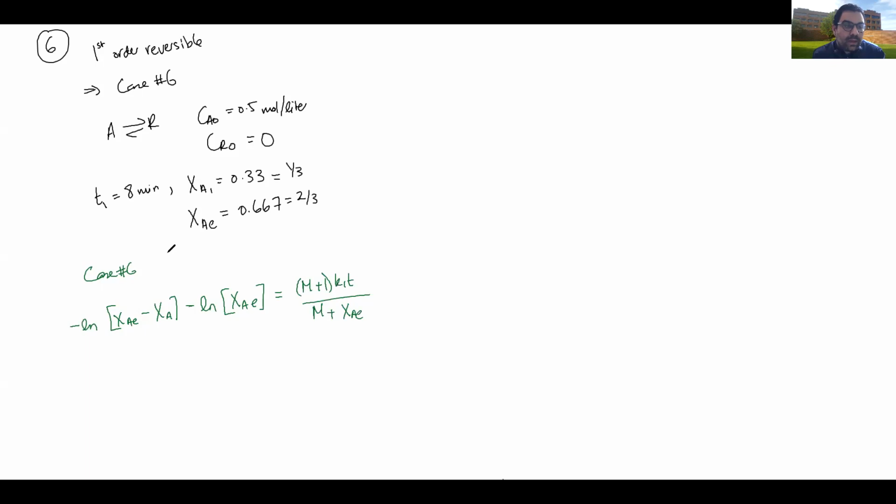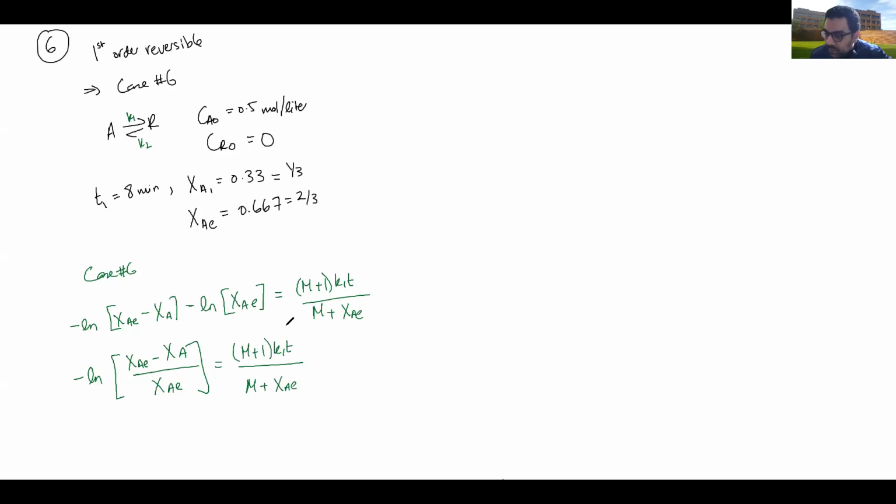Just to recall that I have K1 and K2. So let me simplify this into a cleaner form: ln (XAE minus XA) divided by XAE is equal to (M plus 1) K1 T divided by (M plus XAE).